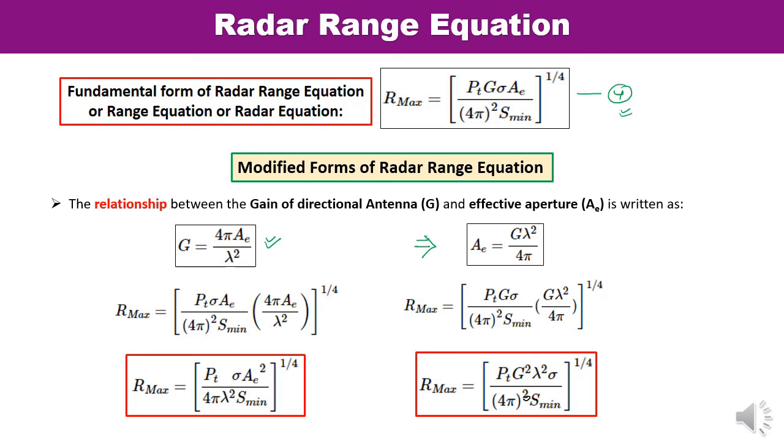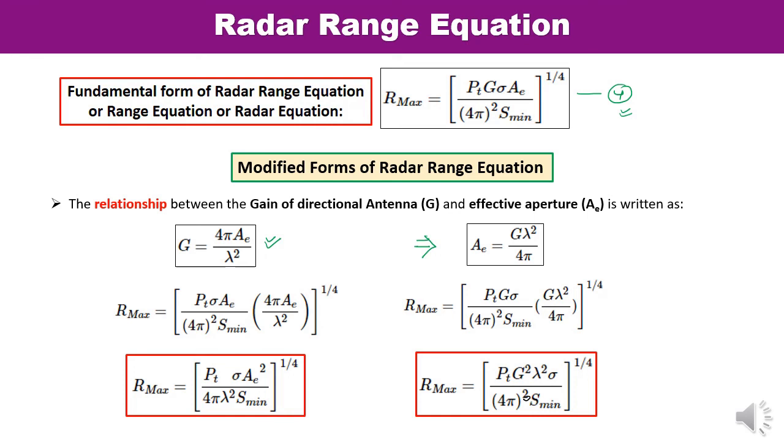So you can see that the radar range equation relates the maximum range of the radar, which is R maximum, to the characteristics of the radar transmitter, meaning the power transmitted, the gain of the antenna, the radar cross section, and the operating wavelength.